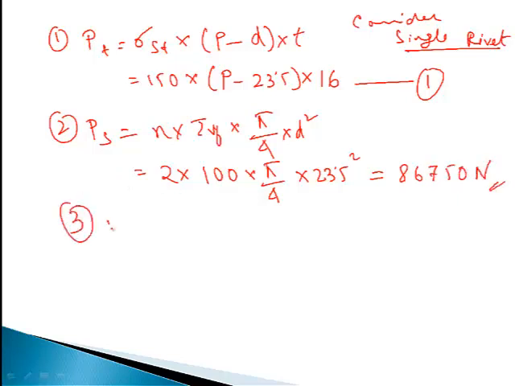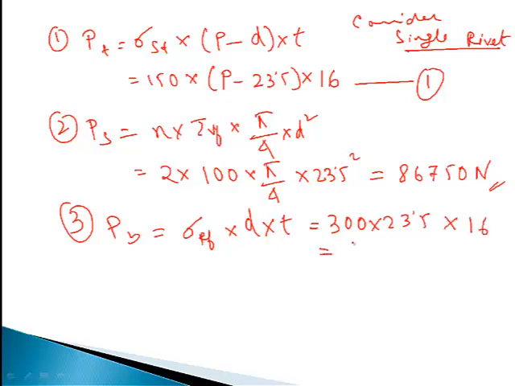Find the bearing. Bearing is given as sigma PF into D into T. So it's 300 into 23.5 into 16, you will get around 112800 Newton. Okay. So again the rivet value will be the least of the two, 86750 Newton.